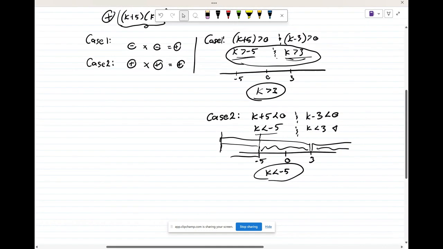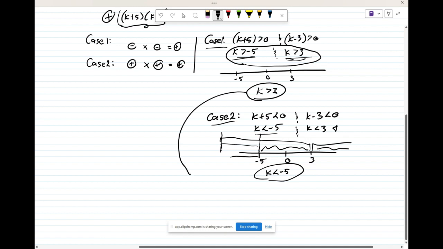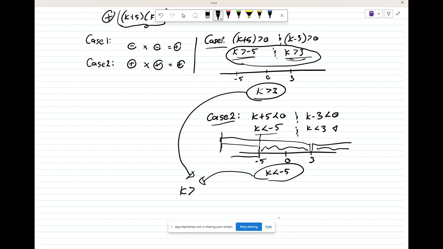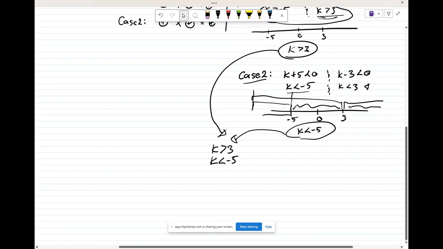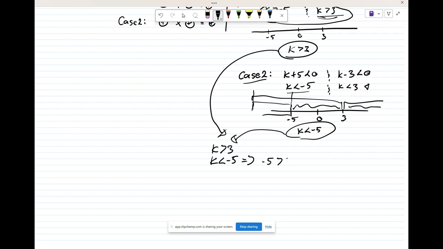And now we have the two cases, so we're going to combine them. So this one and this one, we're going to combine the two of them. So k greater than 3 and k less than -5. This is actually the same as k less than -5 and k greater than 3.